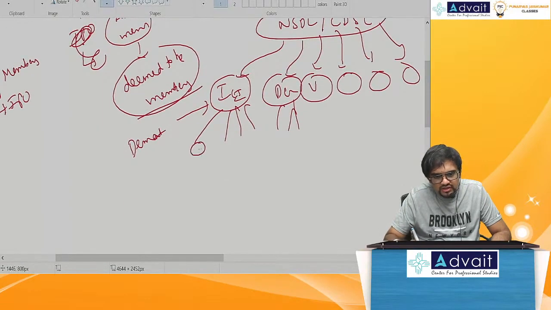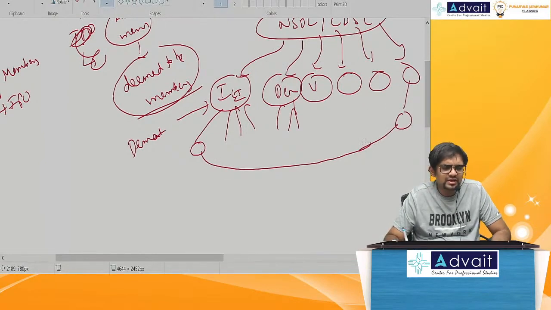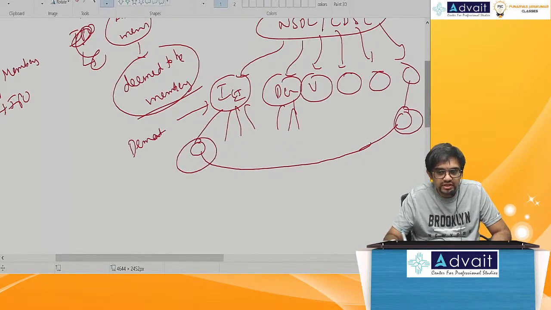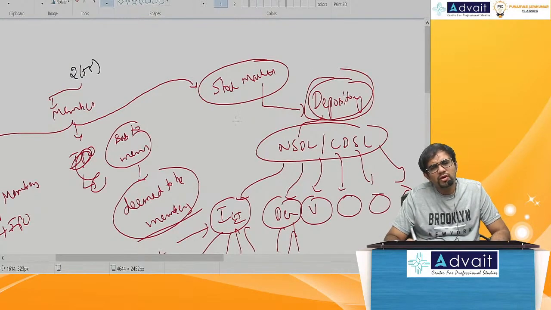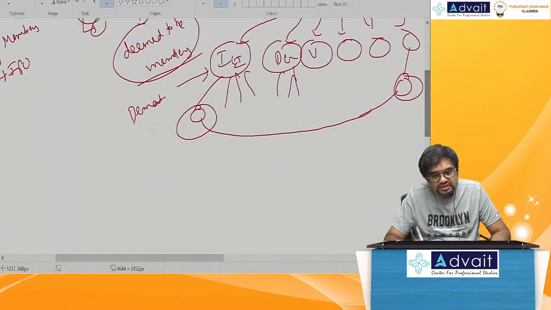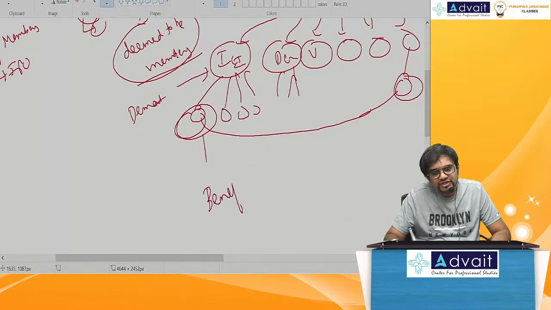So if one person transfers shares from ICICI Bank to, let's say, another shareholder who holds in HSBC Bank, in the register of members these names will not change because the depository's name will be given. But in the depository's books, these shareholders will be written as beneficial owners.